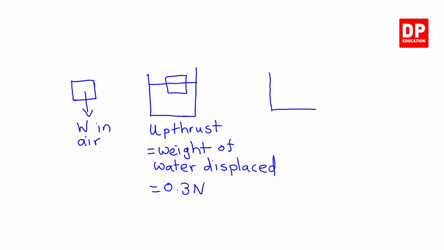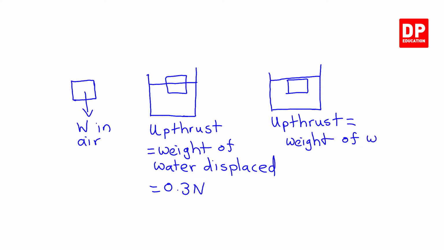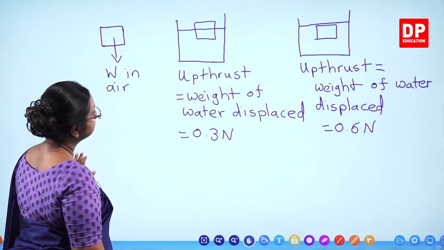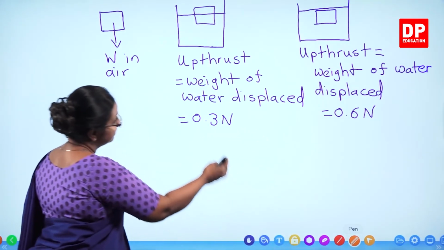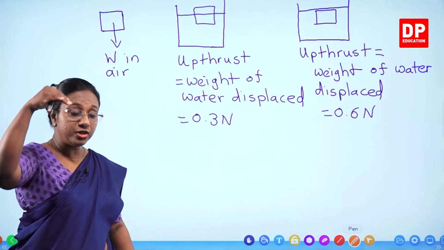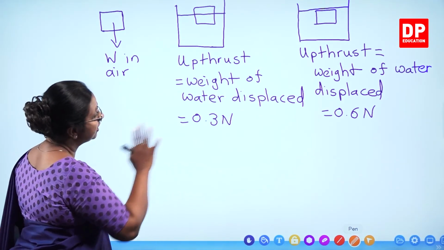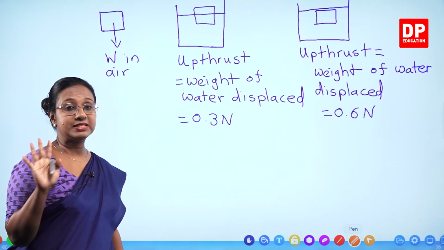Then we had the last instance. Here also the upthrust equals the weight of water displaced, but that was equal to 0.6 Newton. In the last instance also, when you push the object further down, far away from the surface, still the upthrust and the weight of water displaced are the same.